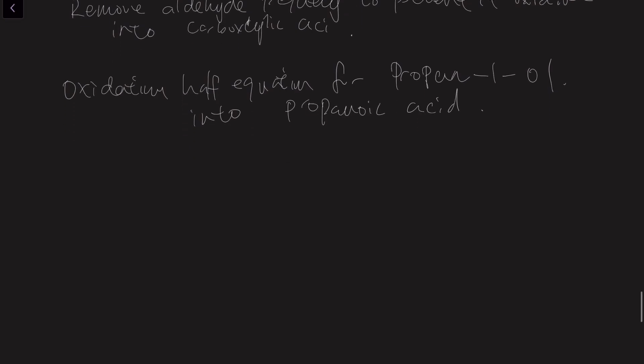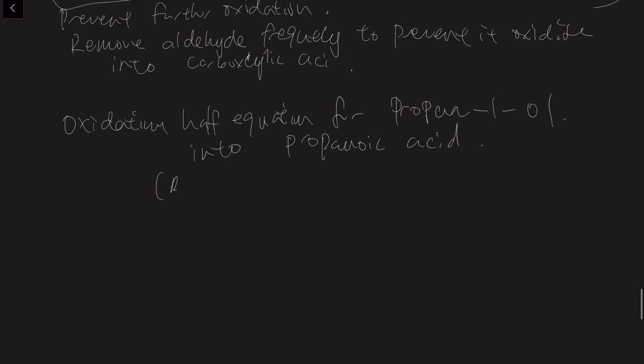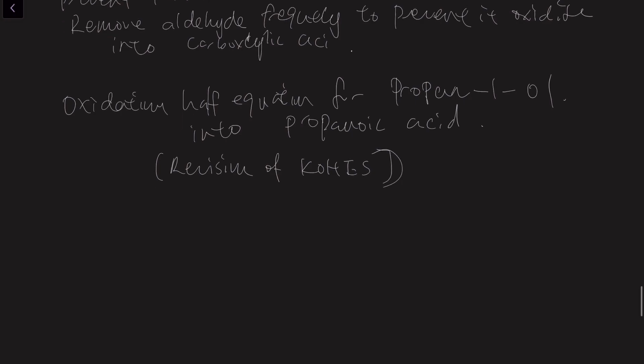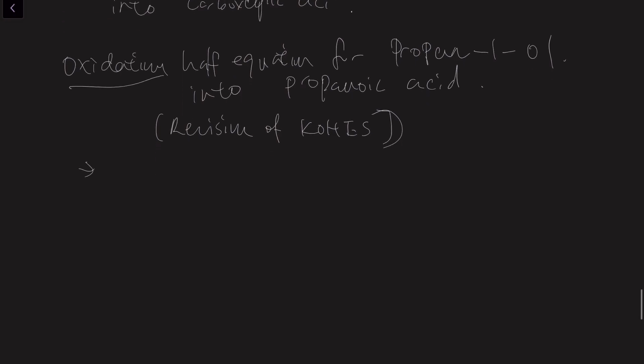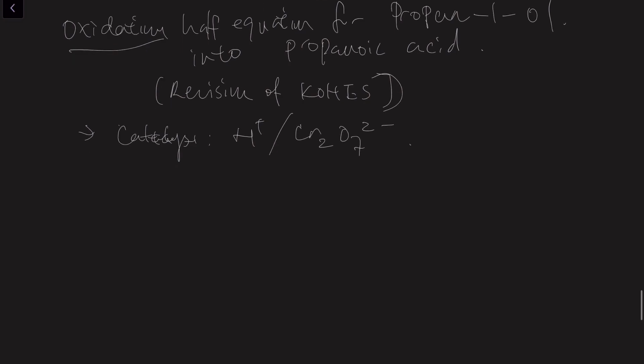This is just a revision of Cohl's rule. Remember, for this oxidation to occur, we need to have the catalyst H+ ion and Cr2O7 2- ion. So let's have a look.